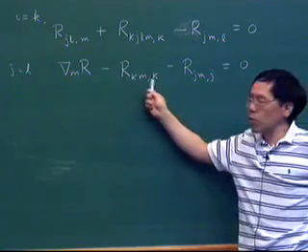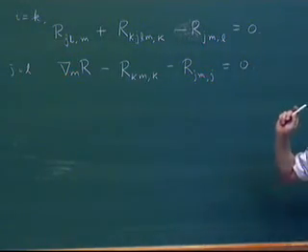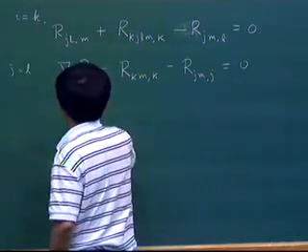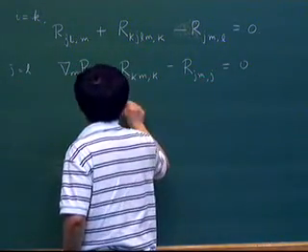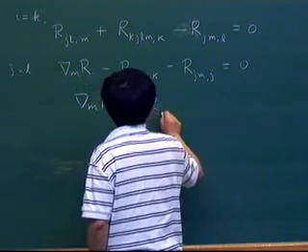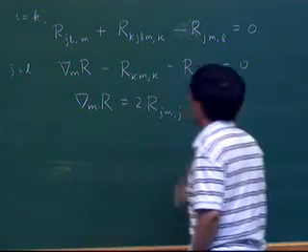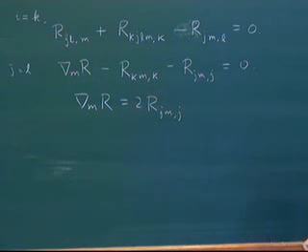We have the convention that repeated indices take sums. So this equals this. So we have Ricci twice.